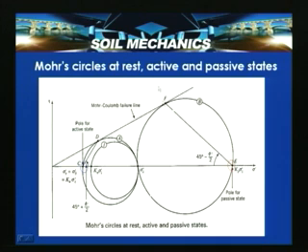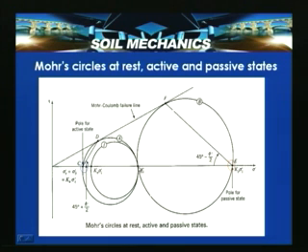Now, the Mohr circles at rest, active and passive states are represented together in a tau-sigma plot. This is the same soil, which has a failure envelope and an angle of internal friction of 30 degrees. This is the failure Mohr circle, and this is the initial Mohr circle, the at rest state, which changes to the active state Mohr circle once it attains failure.